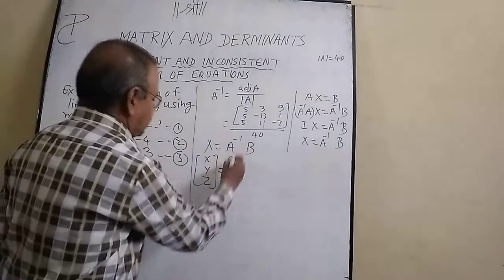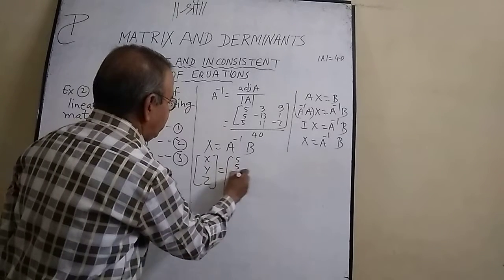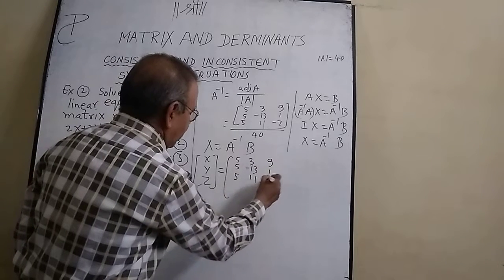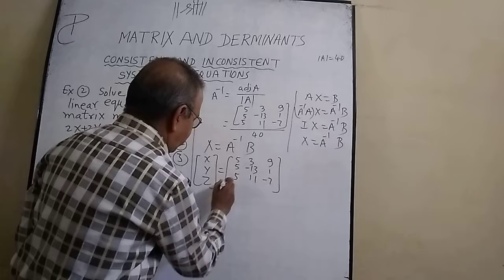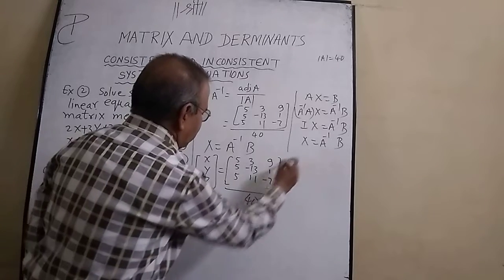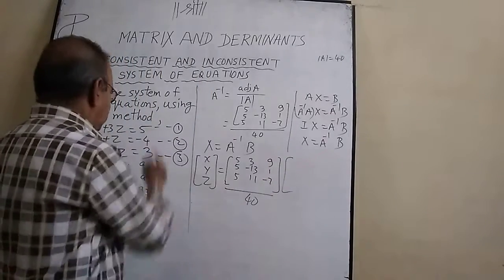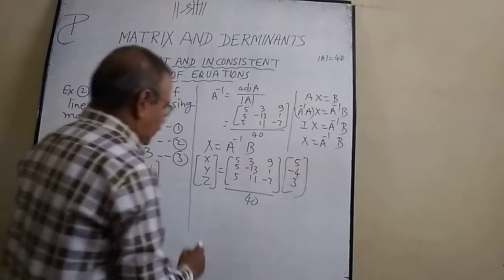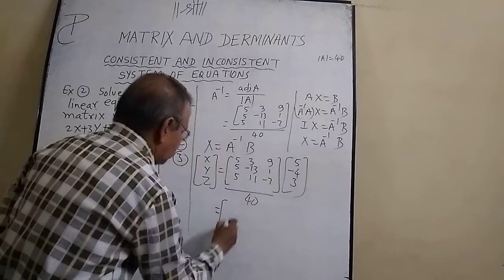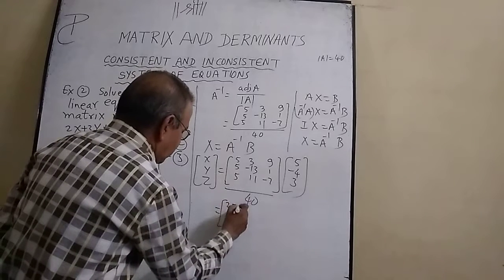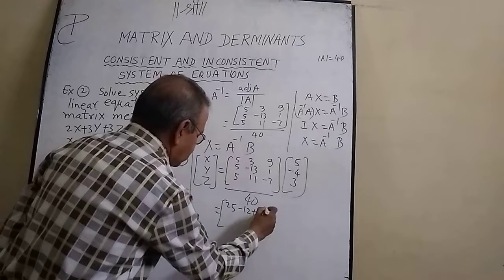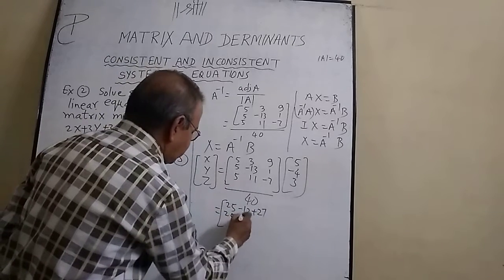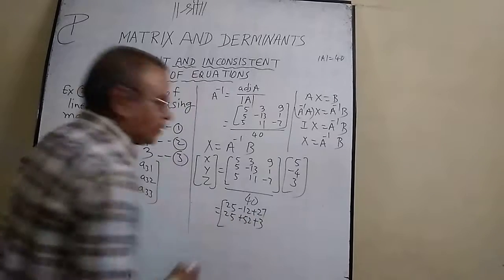A inverse I just found out: 5, 5, 5, 3, minus 13, 11, 9, 1, minus 7, upon 40. And the value of B is equal to 5, minus 4 and 3. When we simplify this, this is equal to 25 minus 12 plus 27, and this is 25 plus 52 plus 3.